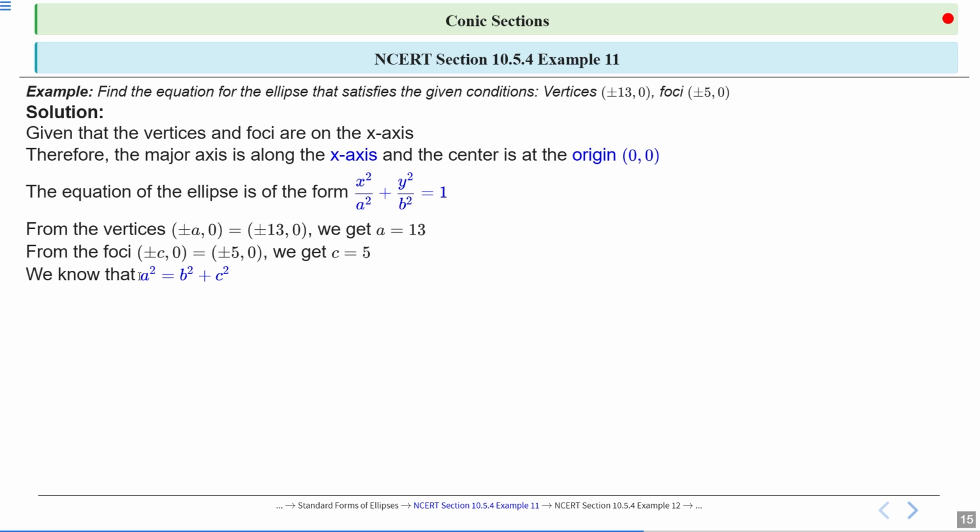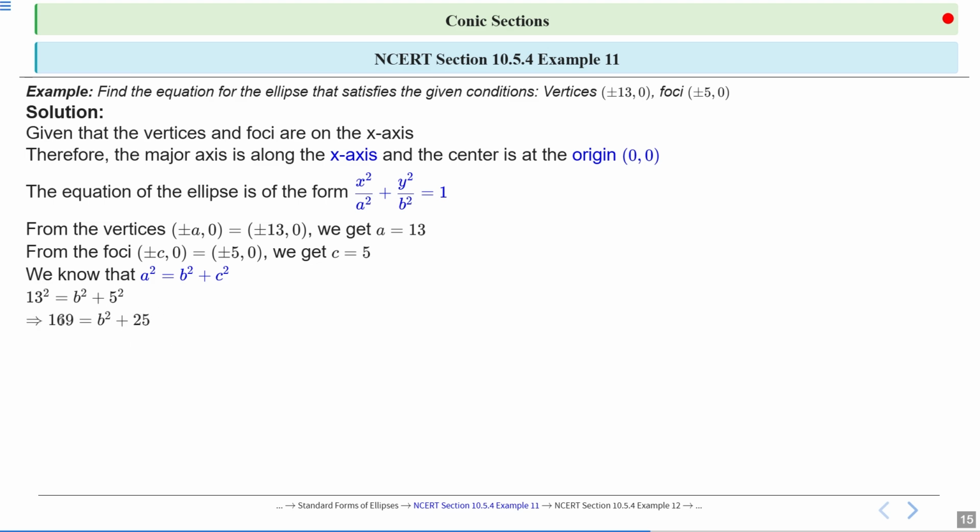And we know this relation: a square is equal to b square plus c square. Now we can find b square by substituting a is equal to 13 and c is equal to 5 in this relationship. We obtain 13 square is equal to b square plus 5 square.